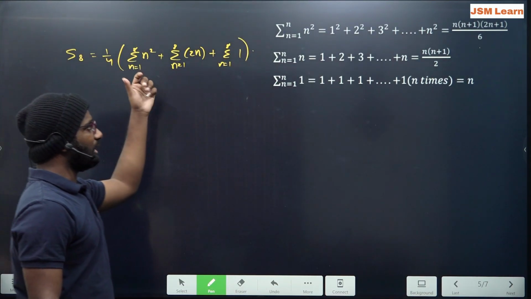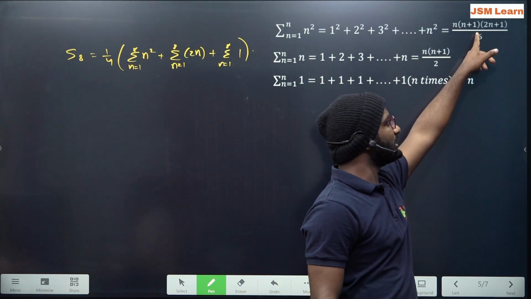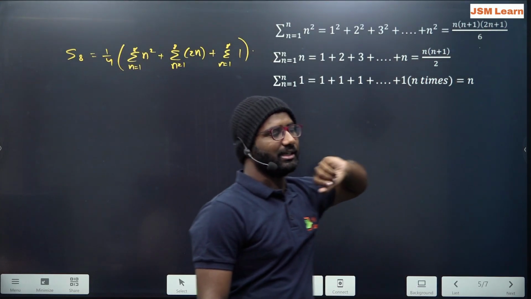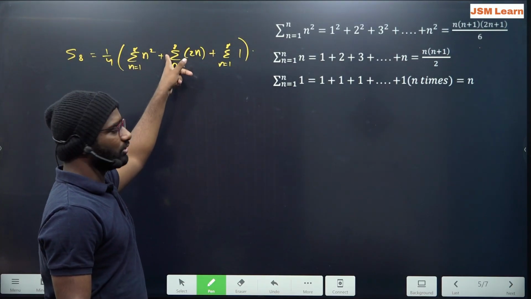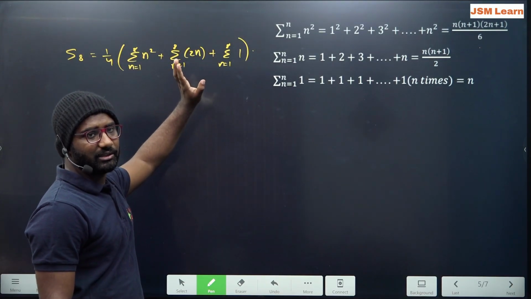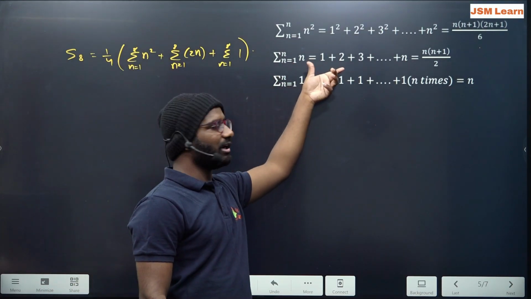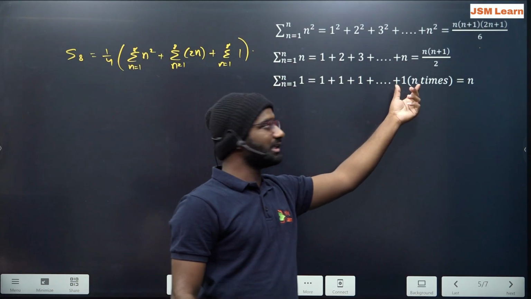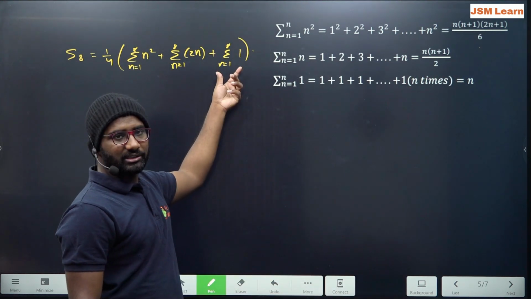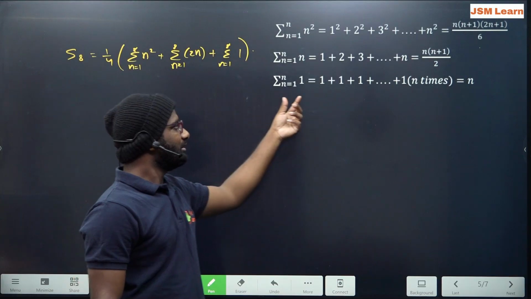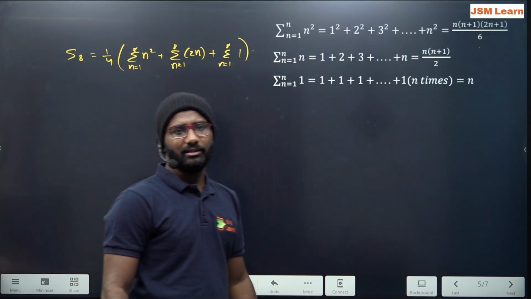We know that the sum of squares of n natural numbers is n(n+1)(2n+1) by 6, and in sigma 2n we can take the 2 outside the summation and get sigma n, the sum of first n natural numbers, which is n(n+1) by 2. Here sigma 1 is nothing but adding 1 eight times, so we will get 8.